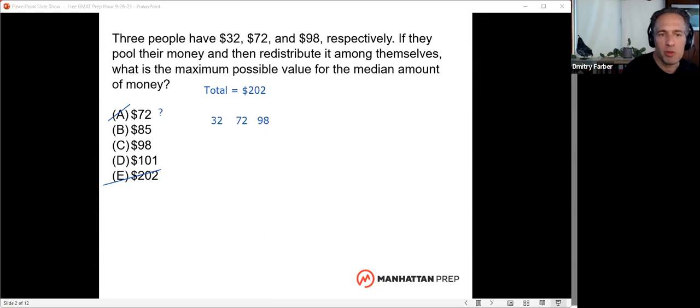How can we very quickly disprove that? What could I do to increase the maximum? I'm sorry, what could I do to increase the median, right?